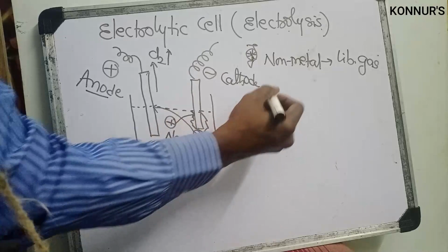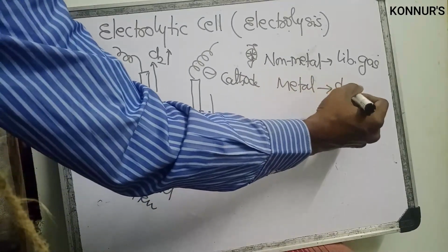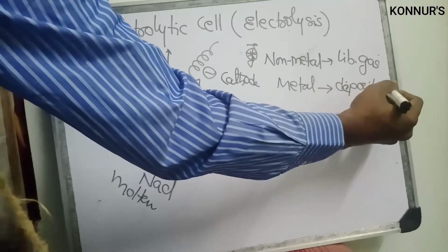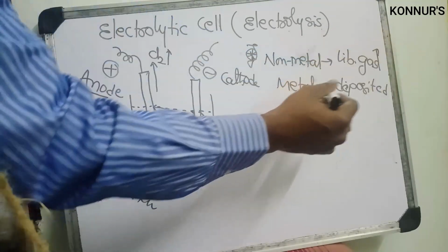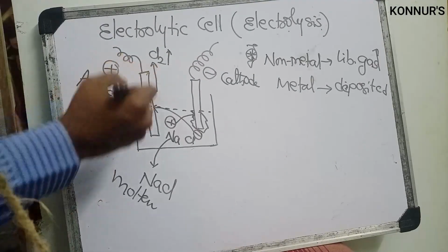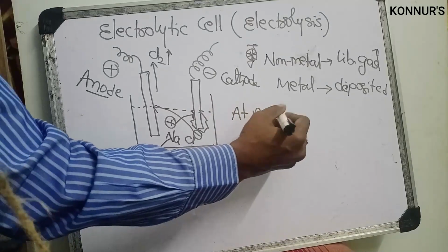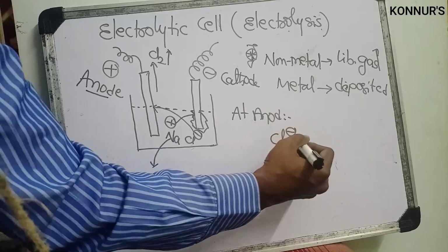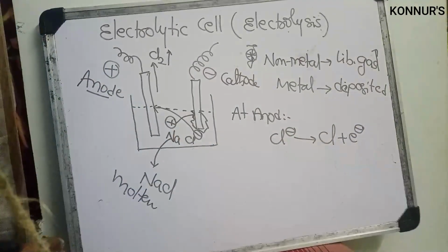Next, the metal is deposited. See, non-metals are liberated as gases, and metals are deposited on the cathode. Next, what happens at the anode? At the anode, Cl minus becomes Cl and gives up an electron.